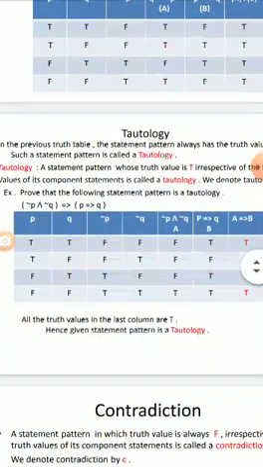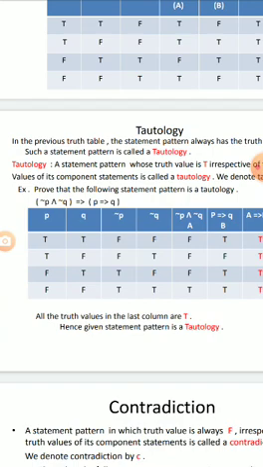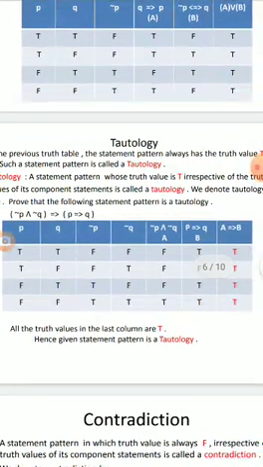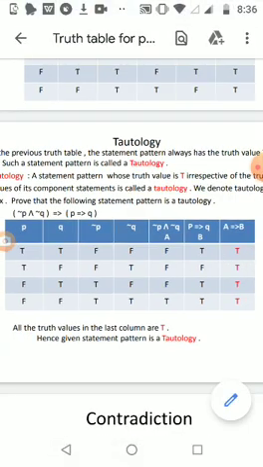So in the next slide we now define tautology. A statement pattern whose truth value is always T is called a tautology. So it is a compound statement whose truth value is T irrespective of its component statements.